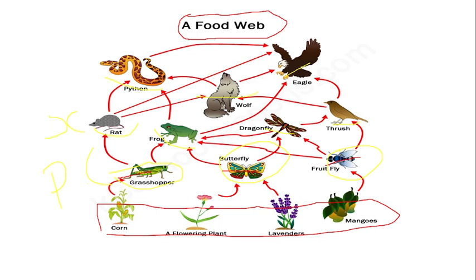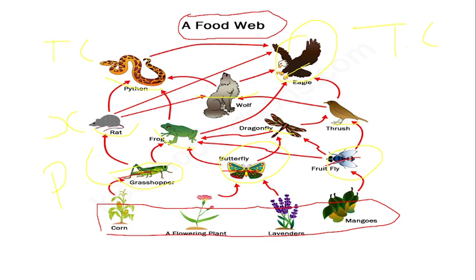No, it is called a tertiary consumer. So either this or this are carnivorous, but this one is called the top. This one is also called tertiary consumer, also called top carnivorous.